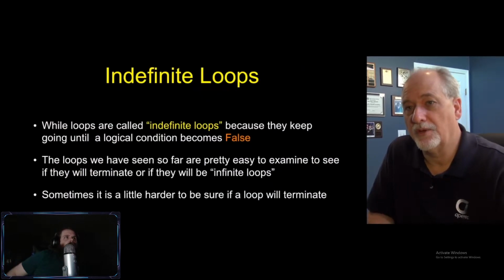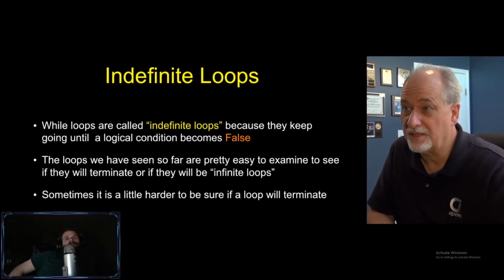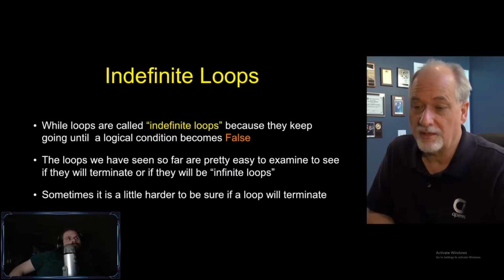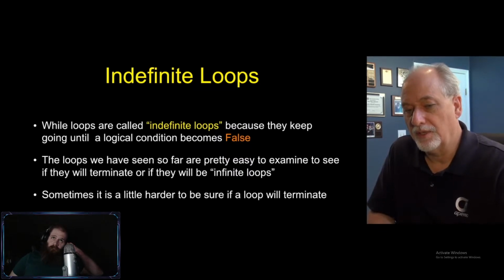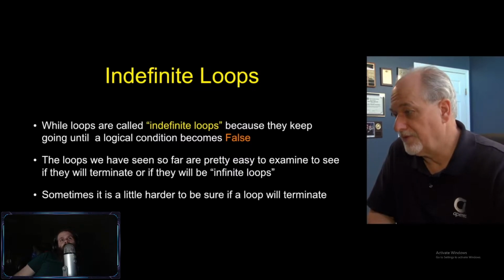So these loops that we've been drawing so far, the ones that use while as their keyword, are called indefinite loops. And that's because they go for a while, till a break hits or until some value becomes true, as long as that value remains true. All the ones we've done so far are easy to look at and know that they look pretty good and they're probably going to finish.